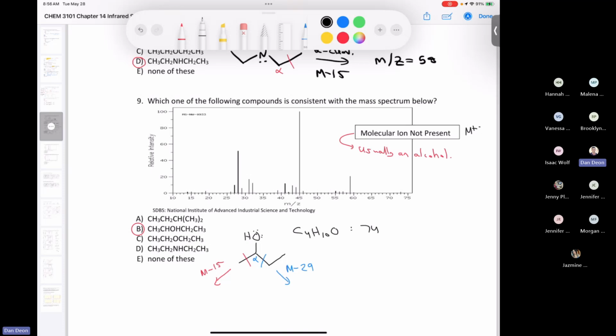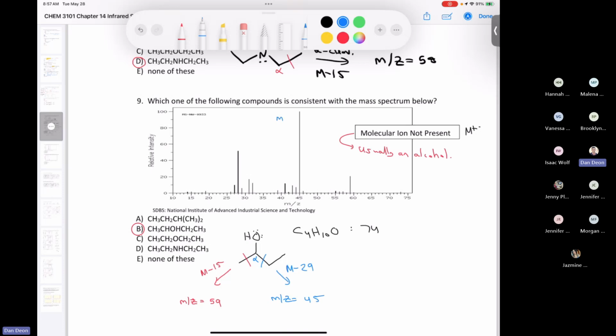So if we have 74 minus 15, our alpha cleavage would give us a mass over charge equal to 59. And if we lose 29, we should see a mass over charge fragment. So if we take 74 and we subtract 29, we end up with 45. So let's see if we can see either of those. Well, you see the base peak is at 45.